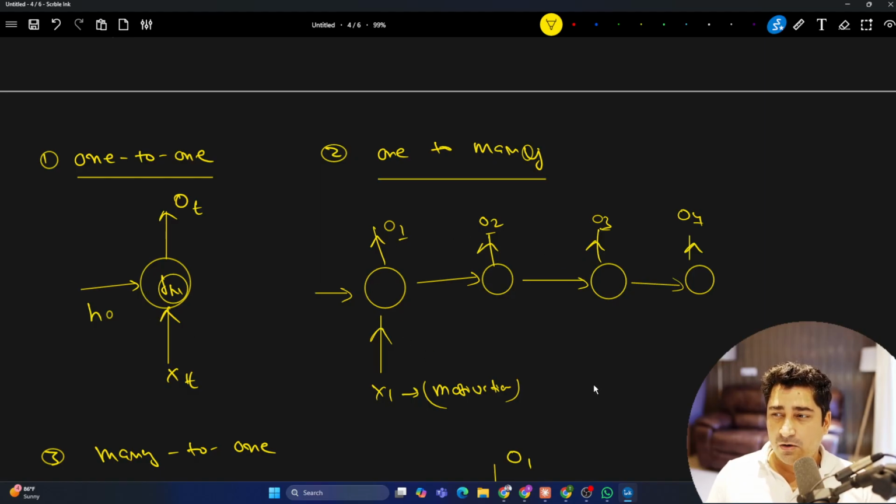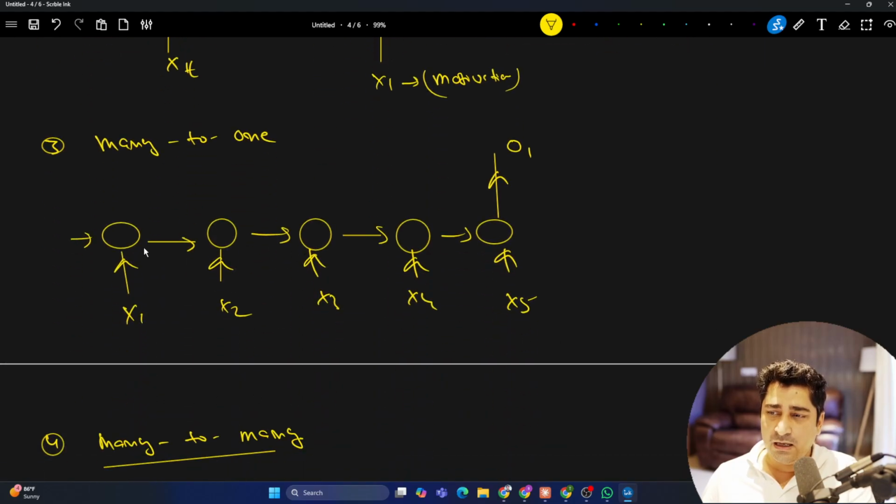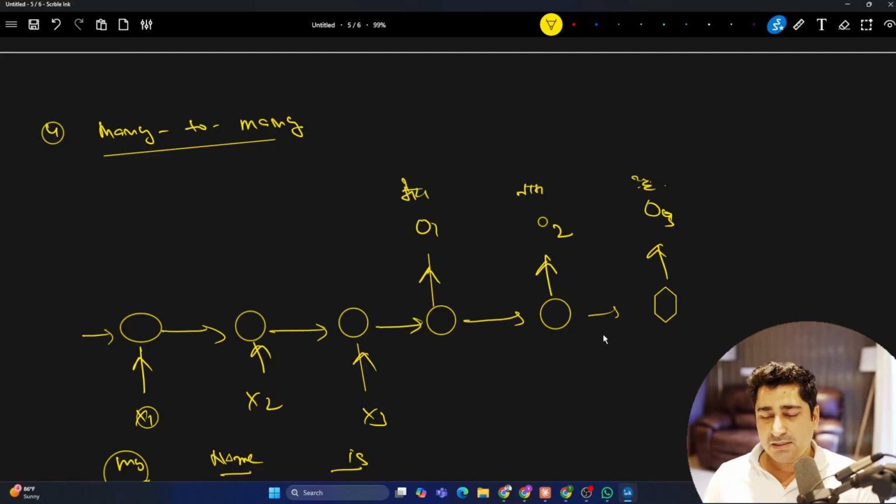But if I talk about one-to-many, can I say that we are talking about a sequence of neural networks over here? Yeah. So this will be one, this will be one, this will be one, this will be one. So I'm talking about a sequence of connected neural networks.